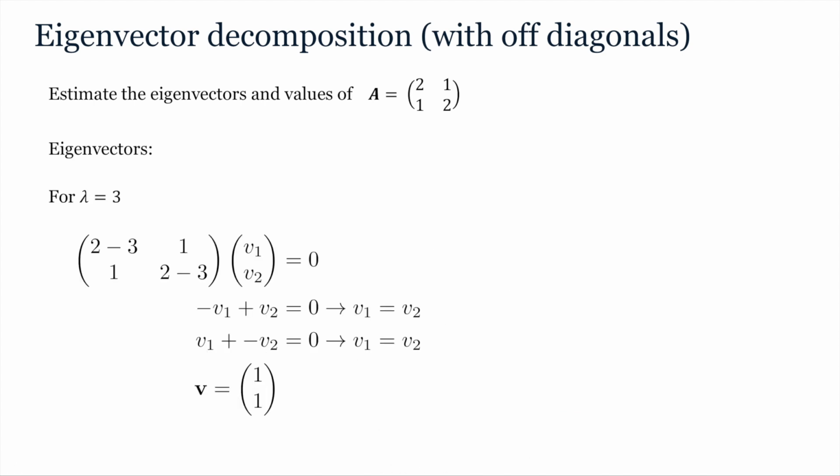So we can now go through the process of estimating the eigenvectors again, where now that we have off-diagonal terms, nothing is multiplied by 0. So instead, this time for lambda 3, we get 2 minus 3 and 2 minus 3 on the diagonal.